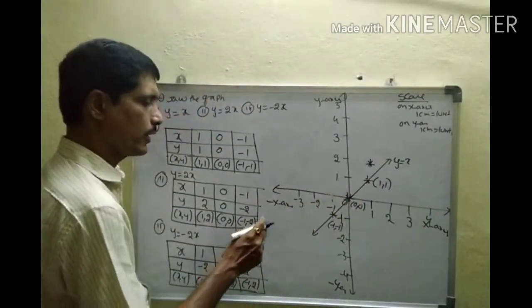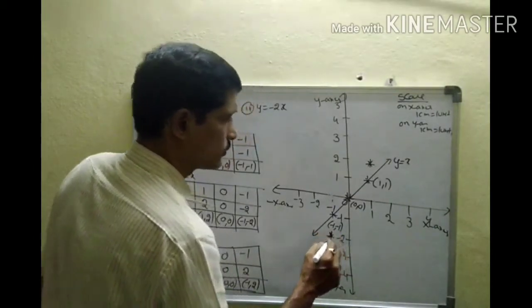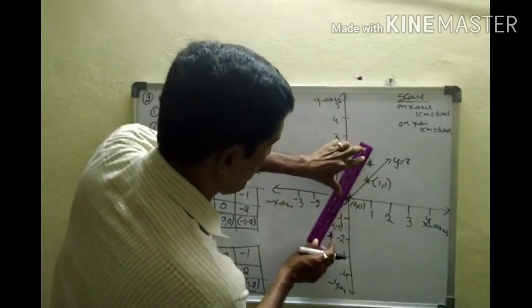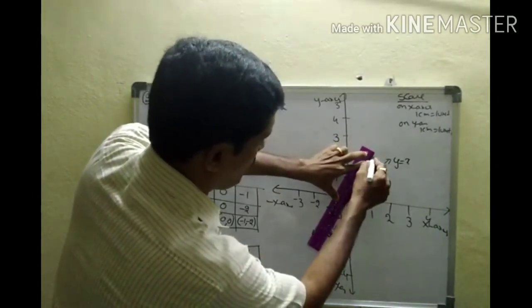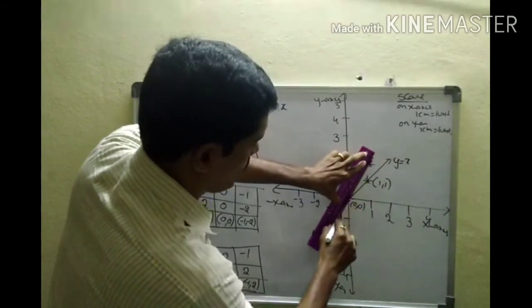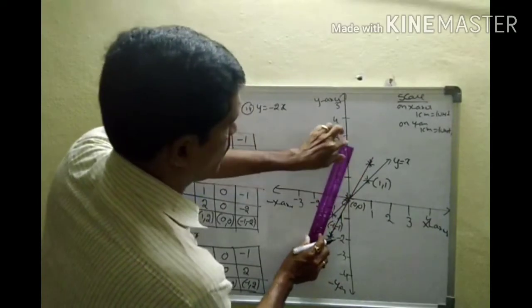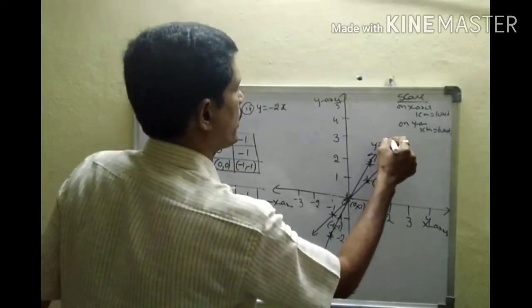Next one minus 1. Join the 3 points, that is also passing through origin. Y equal to 2x.